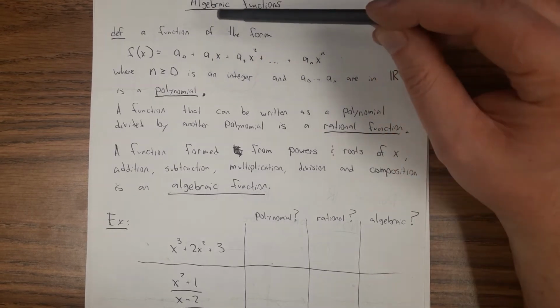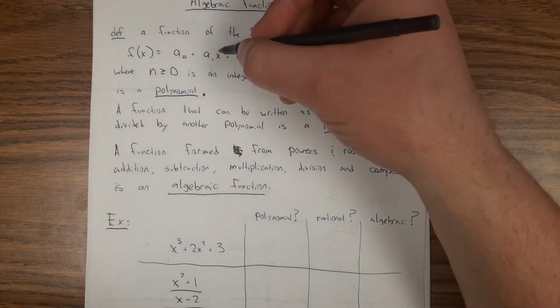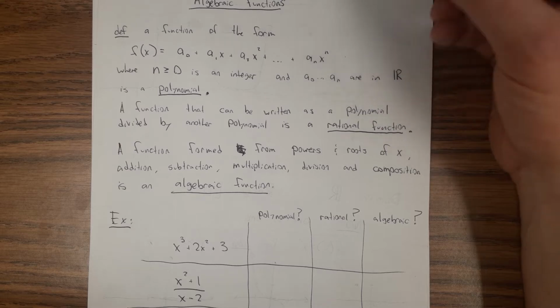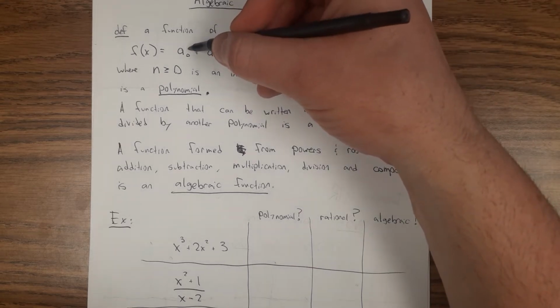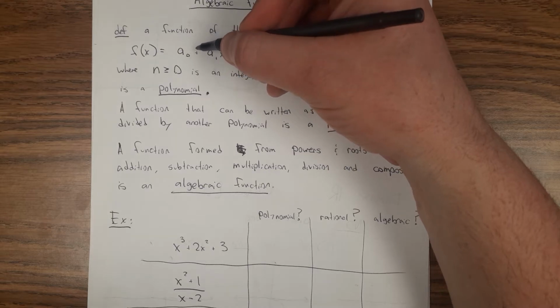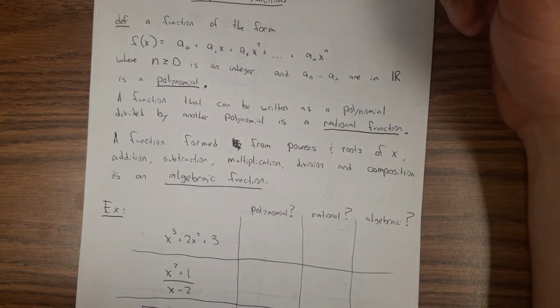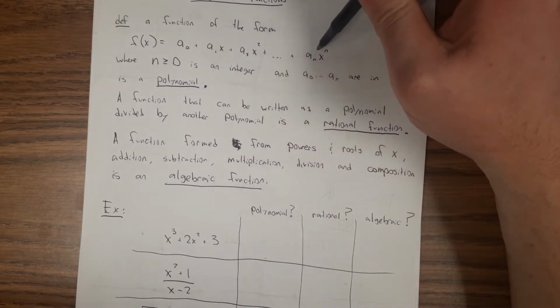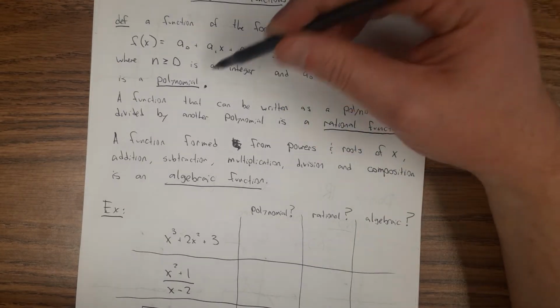We're only doing integer powers of x. Like this is x to the 1, x to the 2, x to the n. I could put an x to the 0 here if I really wanted, because x to the 0 is just 1, but I won't write that there. So if the function has a form like that, then we call it a polynomial.